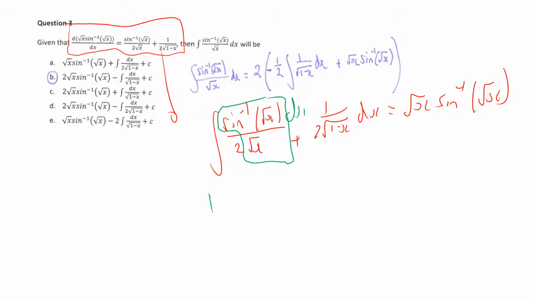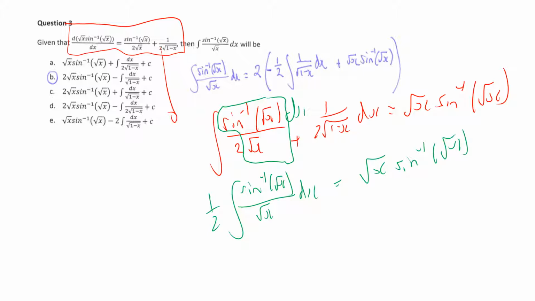So in fact, it's half inverse sine square root of x over square root of x dx is equal to square root of x inverse sine square root of x minus 1/2 of the integral of 1 on square root of 1 minus x dx, which we could actually work out. And ultimately, to work out the required integral, we just need to multiply everything through by 2, and B was your answer.